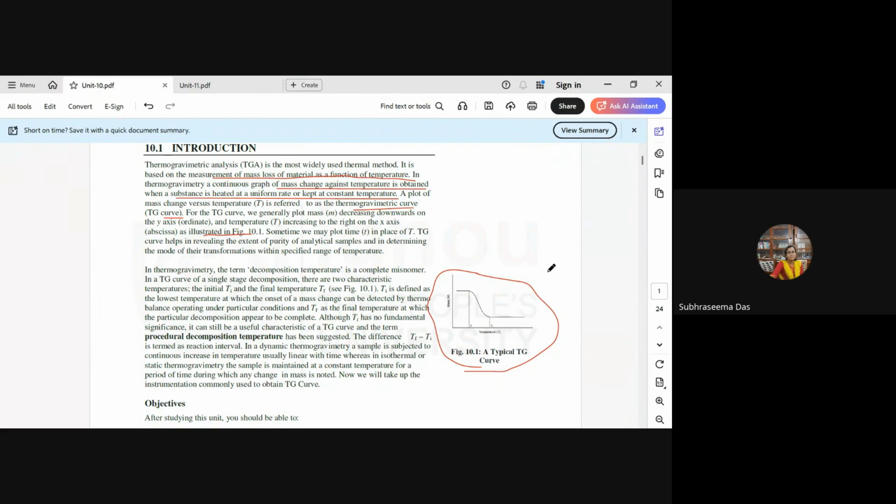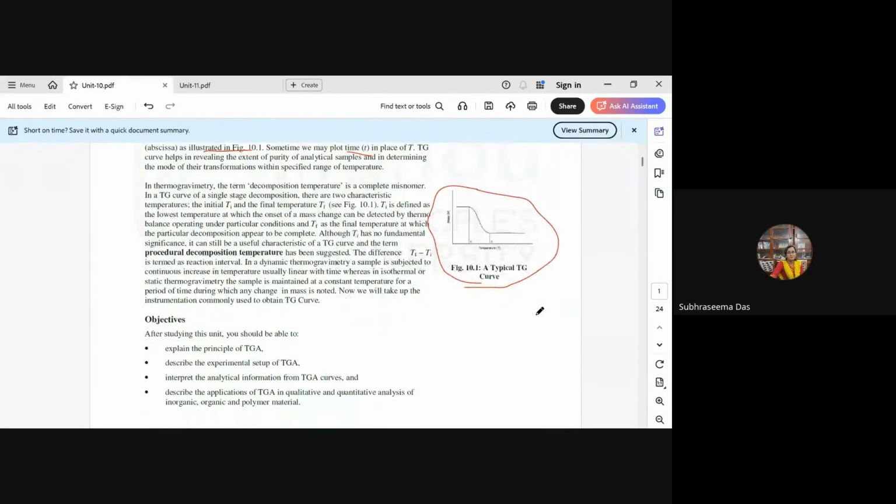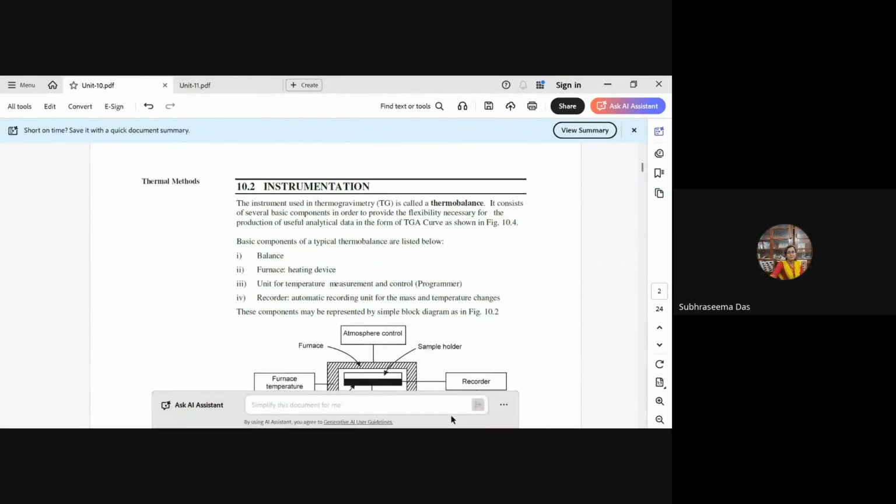Sometimes time t is plotted in place of temperature, and that also gives rise to a different decomposition temperature. Gradually we'll see the different types of TG curve and how we interpret them. First we'll start with the instrumentation.